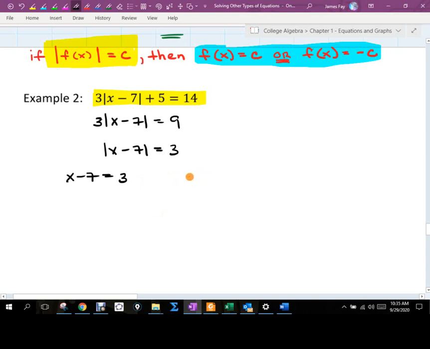And then you also say the opposite of x minus 7 is equal to 3, right? But think about this. If I multiplied both sides here by that negative, would that turn that into a positive and that a negative? And that then would match my idea that I have the f of x, which is x minus 7, equaling the opposite of 3, and f of x, which is x minus 7, equaling positive 3. So either way, it works because of what you can do with that negative by multiplying both sides by it.